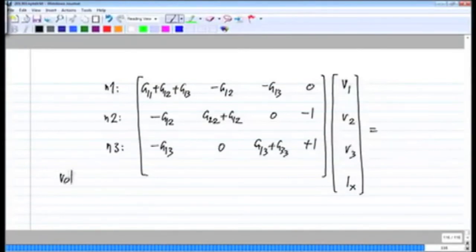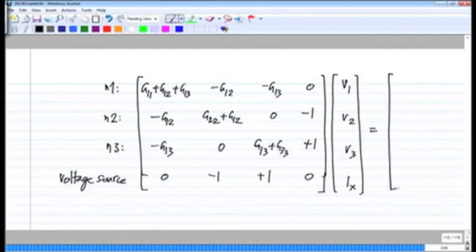And I have the constraint for the voltage source, which is that V3 minus V2, that is minus V2 plus V3, and these things don't appear, equal to I1, 0, I3. These are the currents into node 1 and node 3, and the last equation is minus V2 plus V3 equals V0.